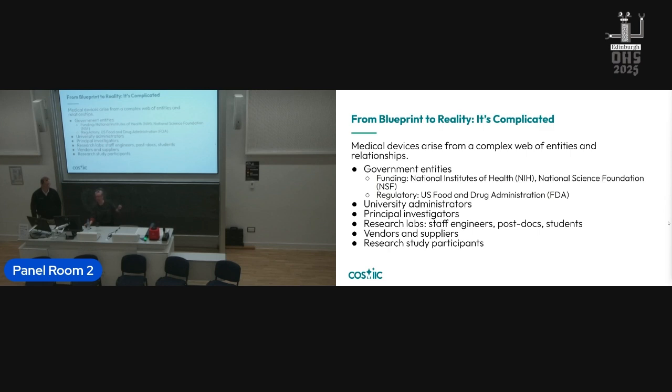You have the research labs, who are the people who support or participate in the research. These include staff engineers, postdocs, student interns, other students. You have vendors and suppliers. So somebody like Medtronic is a vendor for Cosmic.